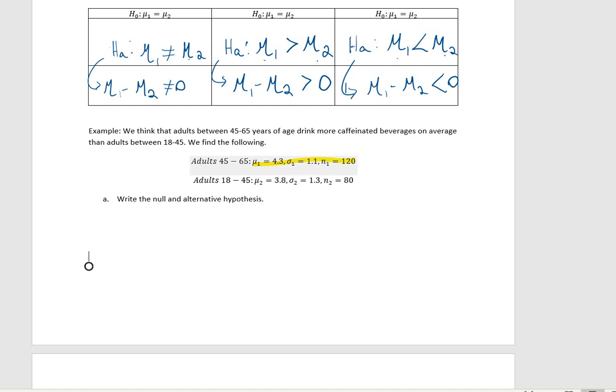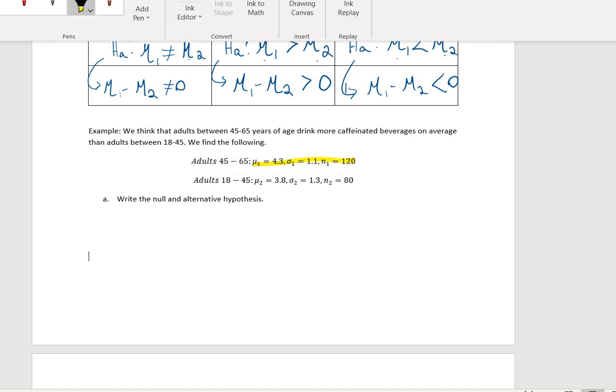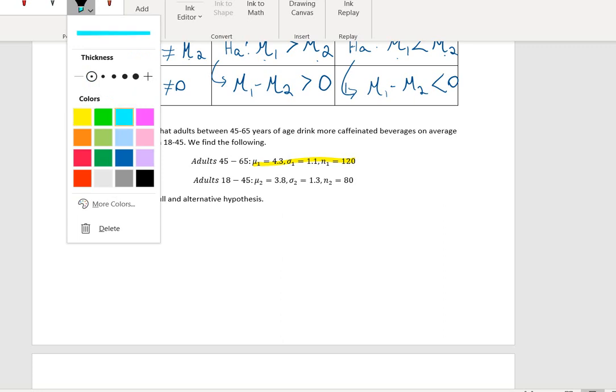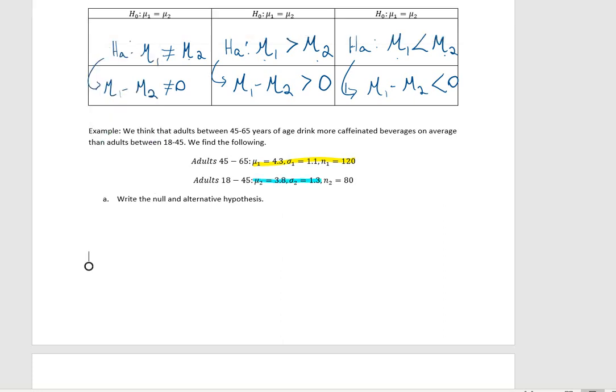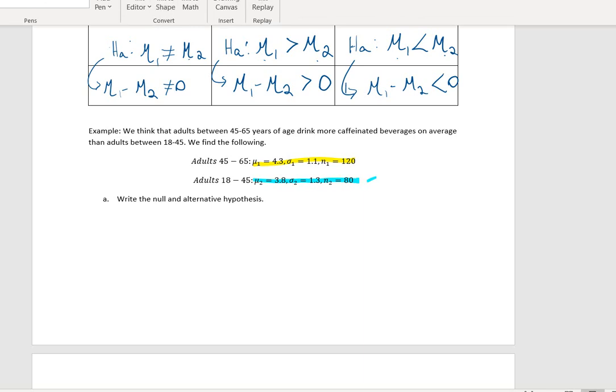On average, they have 4.3 caffeinated beverages with a standard deviation of 1.1 and n equals 120. And for adults 18 to 45, their average is 3.8 with a standard deviation of 1.3, and that sample size is 80. Notice that the sample sizes don't have to be equal. That's okay as long as they're both above 25.